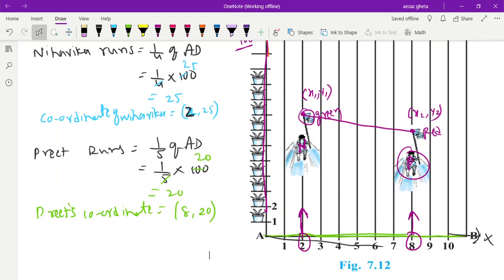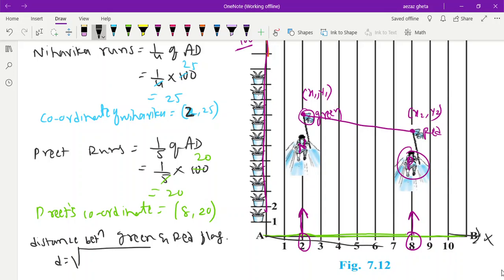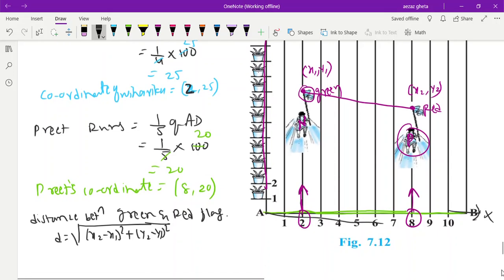Now we can find the distance between the green and red flag. D is equal to under root (x2 minus x1) whole square plus (y2 minus y1) whole square. You can see x1, y1 and x2, y2.